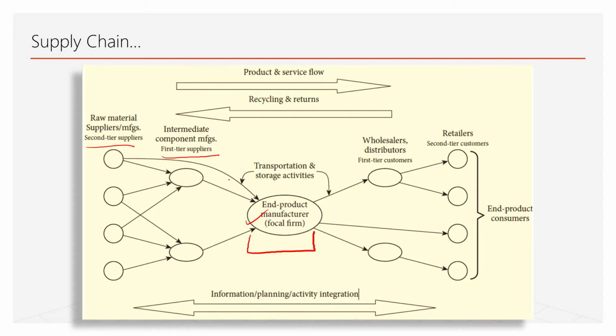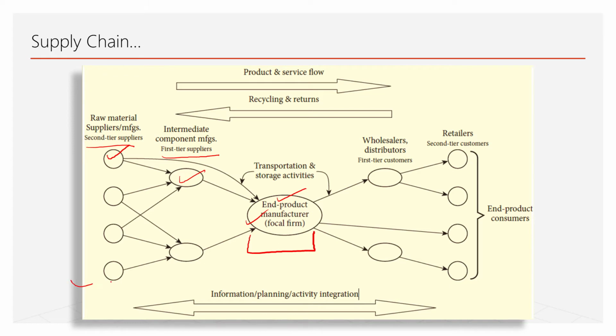And the relationship between those suppliers and the manufacturing firm is not only a linear relationship. When I say linear, that means the second tier only distributes to the first tier supplier, and the first tier supplier only distributes to the manufacturer. This is not actually happening. They even have non-linear relationships. So this particular supplier, as you can see from the diagram, is distributing to this particular supplier as well as maybe distributing to this particular manufacturing firm.